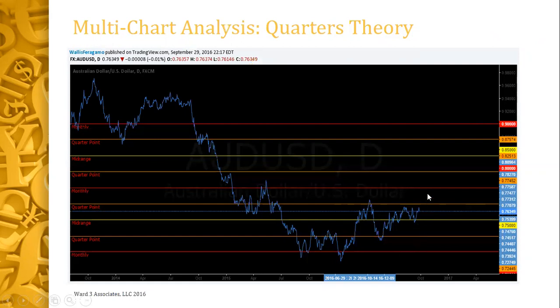So from this line to this line is what we've been seeing in the previous examples, right? So what happens is, as I said, these orange lines right here are typically broken through. So once we find support at the monthly level, it's going to bounce up and challenge this next monthly level.